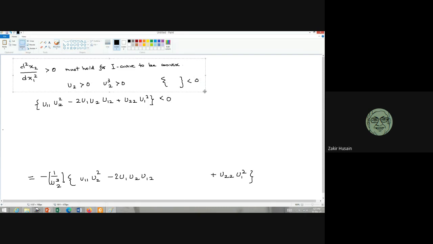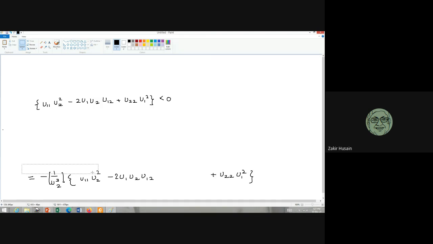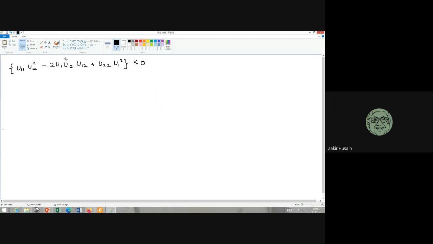So for indifference curves to be convex to the origin, this is the relevant condition. Okay.